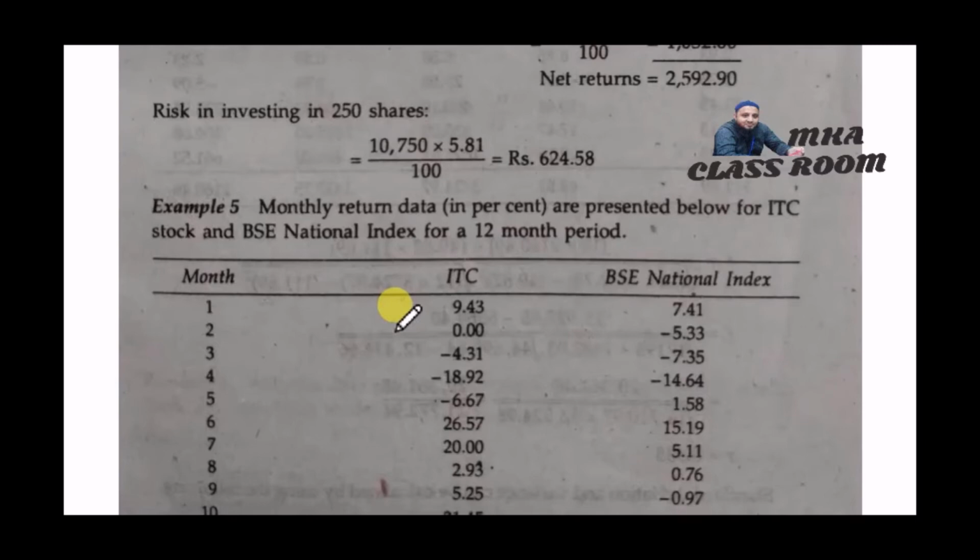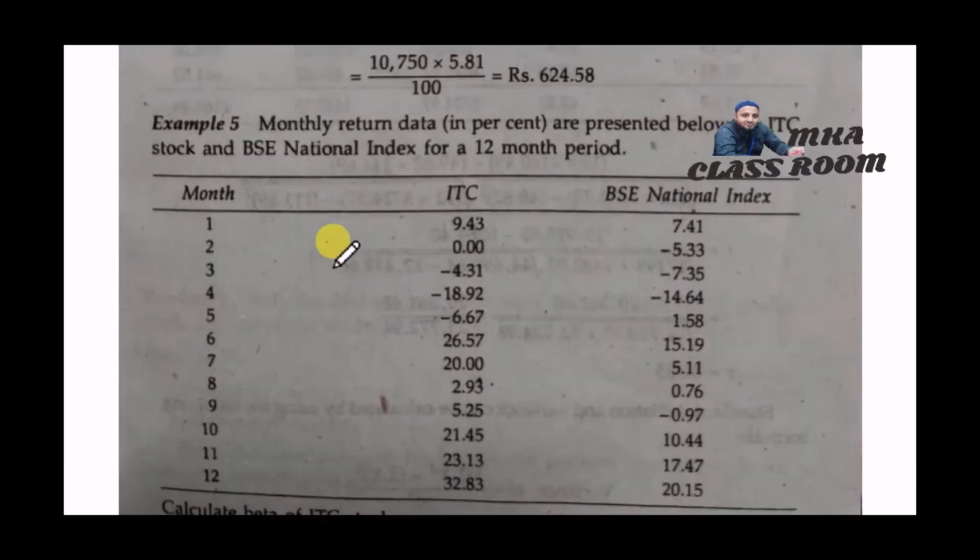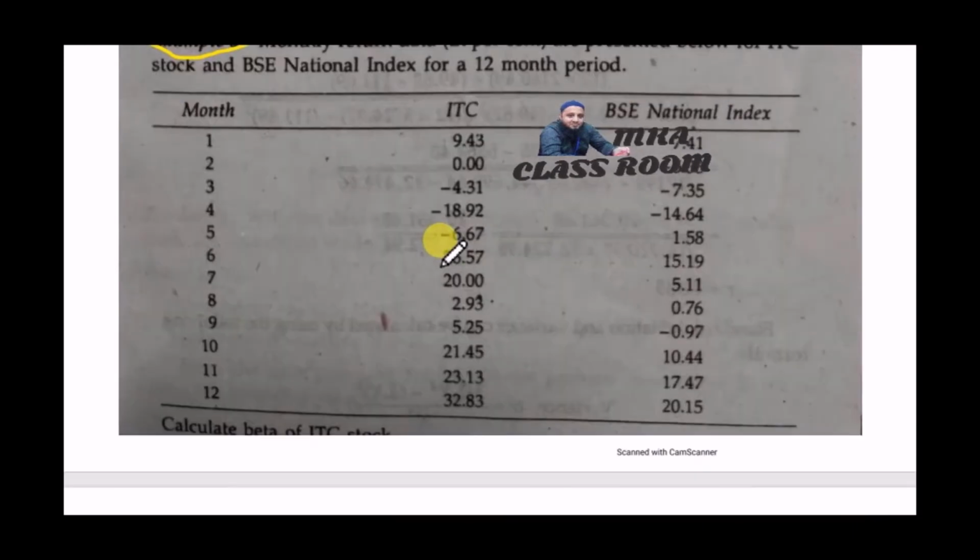And this is our required problem. Example 5. Monthly return data in percent is presented below for ITC stock and BSE national index for a 12-month period. You can also test with the Dhaka Stock Exchange. You take a stock from the Dhaka Stock Exchange and the Dhaka Stock Exchange index and try at home.